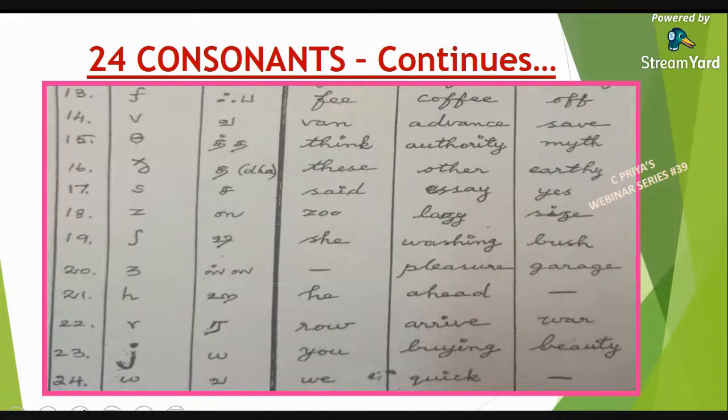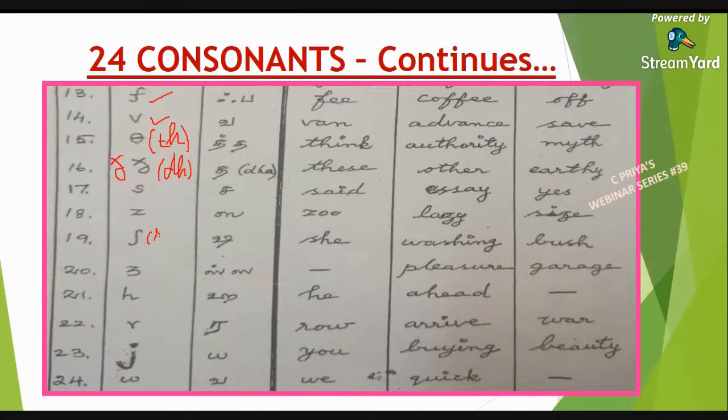I go to the second list, from the 13th to the 24th sounds. Fa, va, theta. Next, this symbol seems like a 6 with a cross at the top. It produces the sa sound, z.